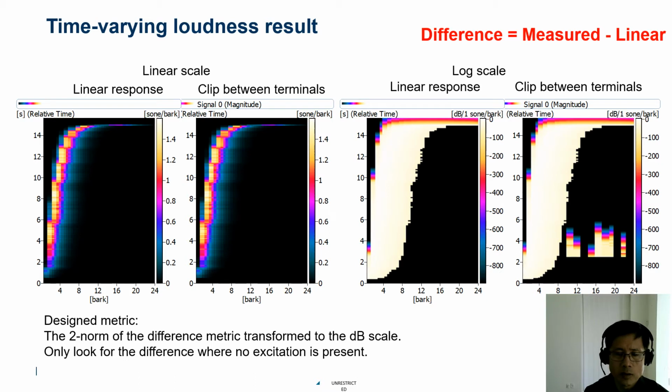The designed metric is a simple two-norm of a difference metric, which is the difference between the calculated loudness of the measured and the linear response. The result is then transformed to dB scale. What we are looking for is the difference where no excitation is present. So in this black area, if anything happens there, then we can identify that as a BSR event.